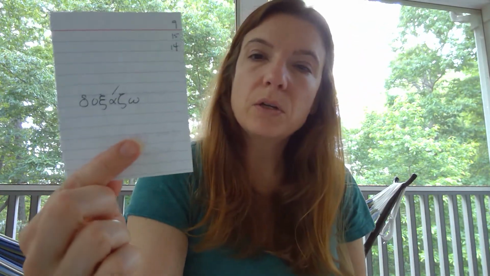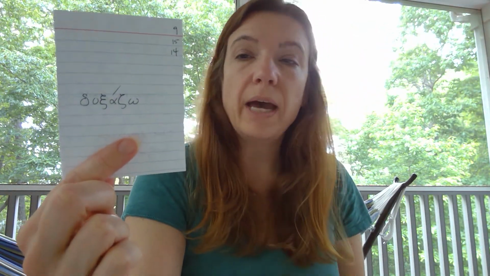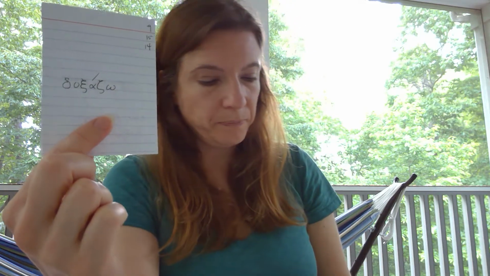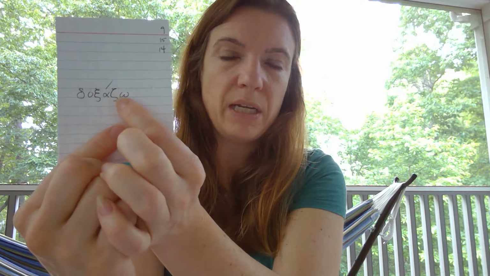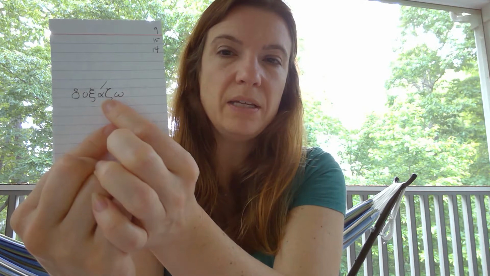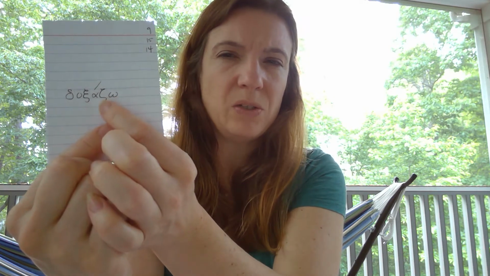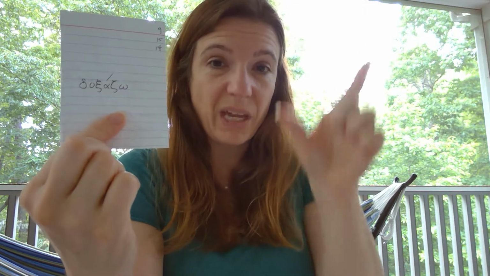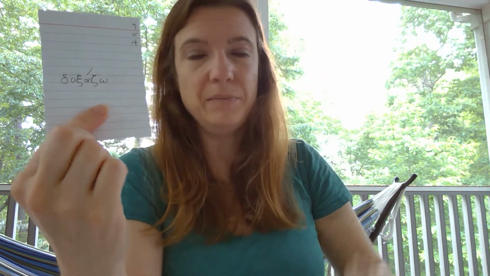Okay. Doxazo. I glorify or I praise, right? Well, if we stuck in a sigma after the zeta here, that would be kind of hard to do, voiced and then unvoiced with no vowels in between. So it just actually simplifies. Yay, something simpler.